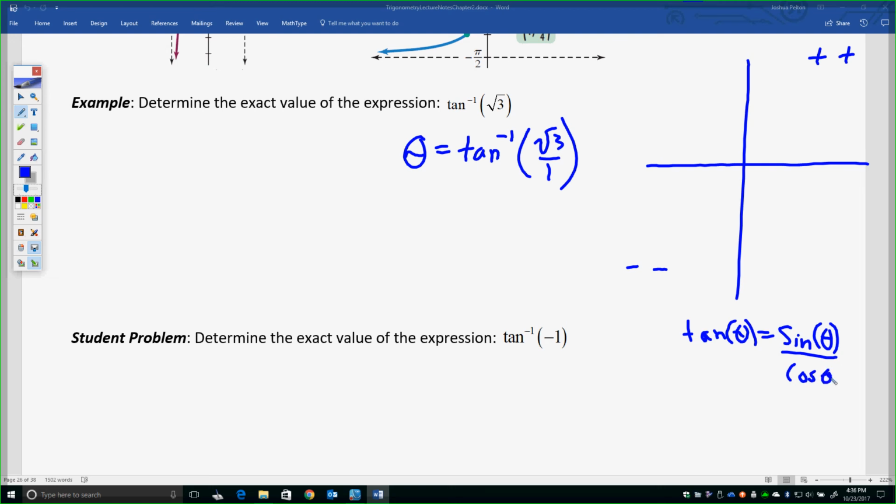Well, here's the problem. I have to be between pi over 2 and negative pi over 2. Therefore, I cannot be in these quadrants here. I have to be over here in 1 and 4. And I have to be a positive answer, so therefore I can't be down here because that's negative. So I have to be in this quadrant here.